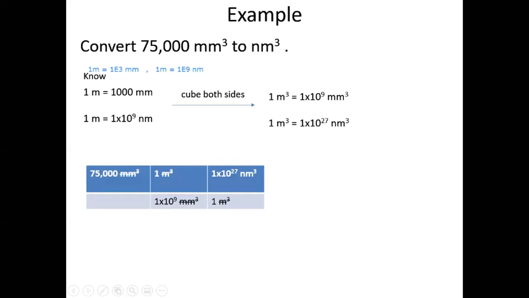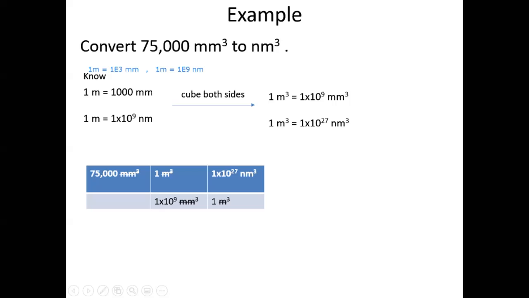So we start with millimeters cubed, and again, we're going from a relatively larger prefix to a smaller prefix, so the power of the exponent should increase. Since we're starting with millimeters cubed, it goes on the bottom in our conversion factor, and then meter cubed on top. From that, we go to nanometers cubed, so meter cubed goes on the bottom, nanometer cubed goes on top. Again, look to see that all the units cancel out.